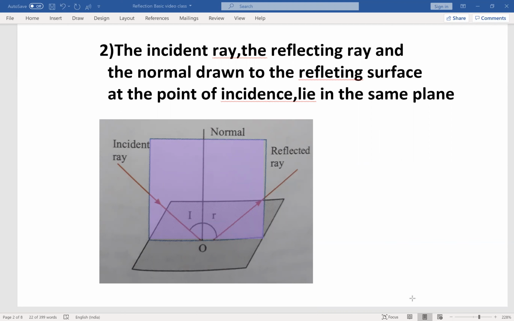If the incident ray is different from this, then according to the second law the reflected ray will change its direction such that the incident ray, reflected ray, and the normal will be in the same plane.